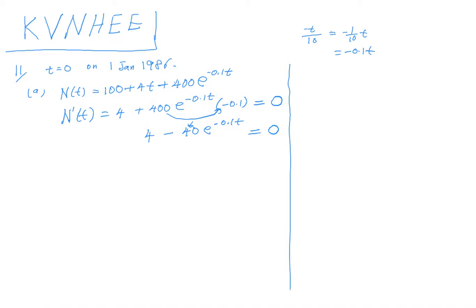So can anyone tell me what is the value for t? So A and B can lump it together. After you finish doing this, then you can answer A and B at one go.